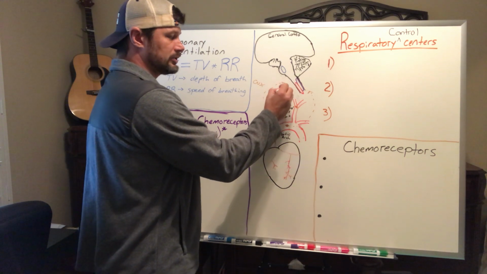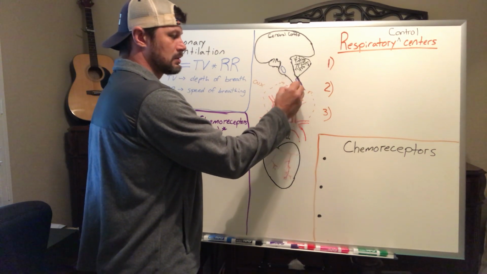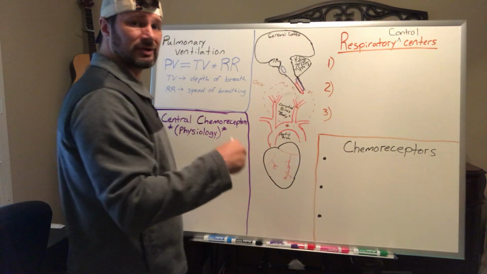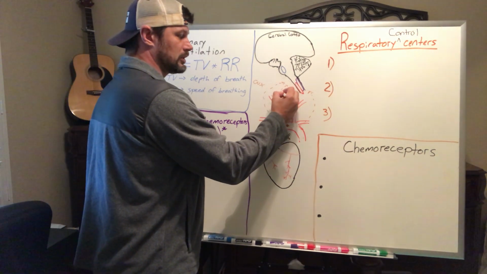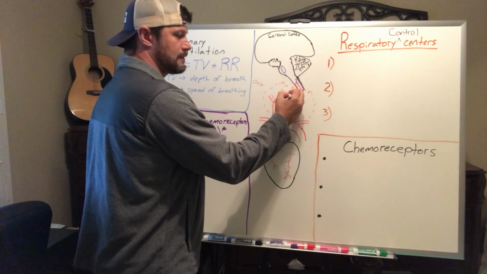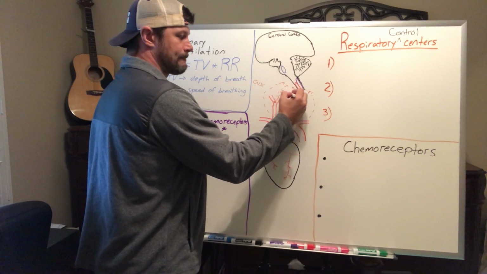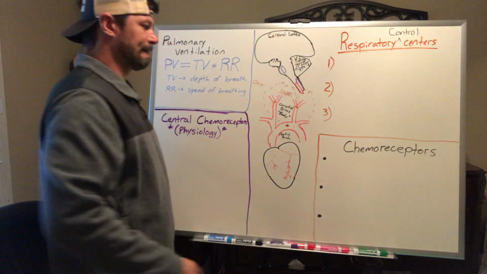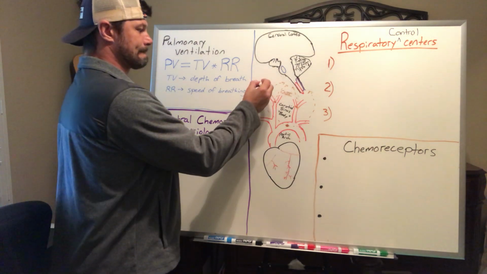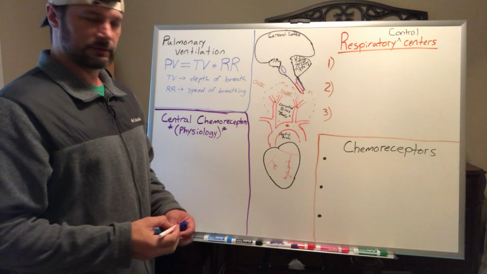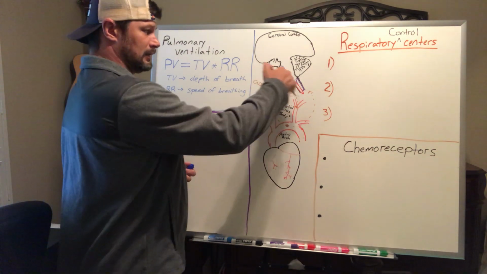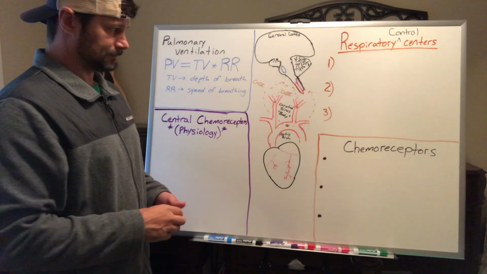And these signals also go up to the brain, but these are going through the glossopharyngeal nerve. So this is going through cranial nerve 9. And those signals go up to the brain, to specific portions of the brain as well.